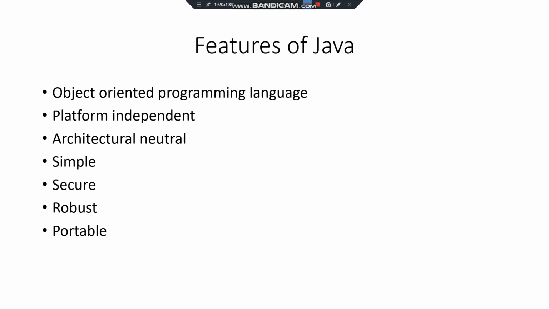Multi-threading concept in Java is one of the new features in which multiple threads can be run simultaneously to perform multiple actions. Lastly, the feature Java is portable. As we learned earlier, it is platform independent and architectural neutral. It can be transferred to any type of platform and architecture easily and efficiently.